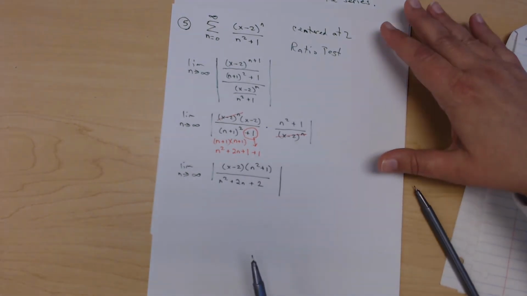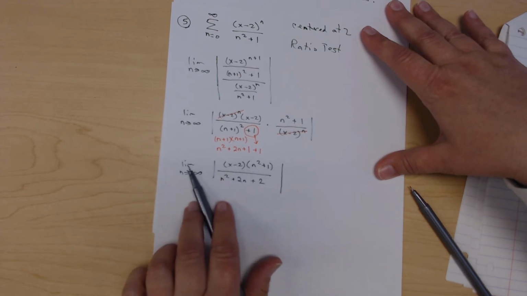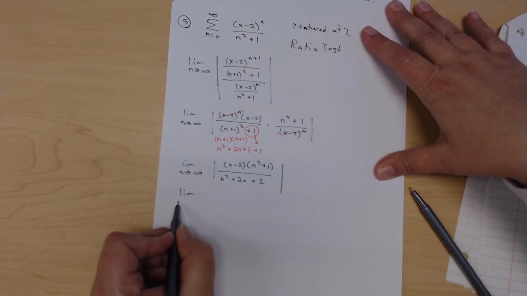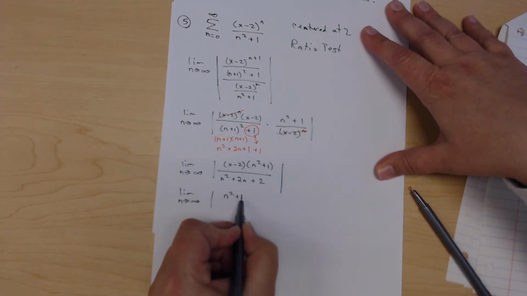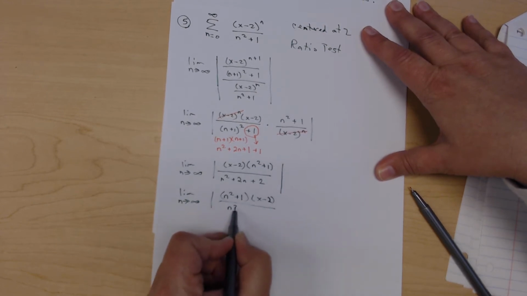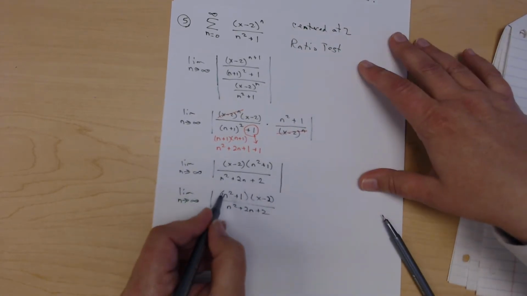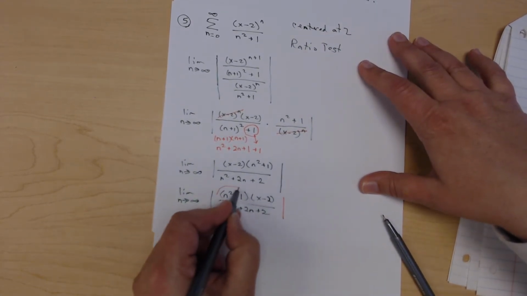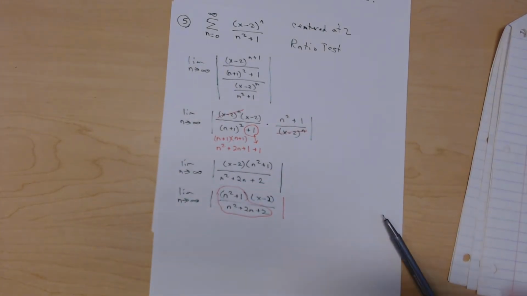This x is not part of the limit, because the limit is as n approaches infinity. So we're looking at n squared plus 1, and then I can put the absolute value of x minus 2 out front, over n squared plus 2n plus 2. We can look at this part here, because those have all the n's in them.